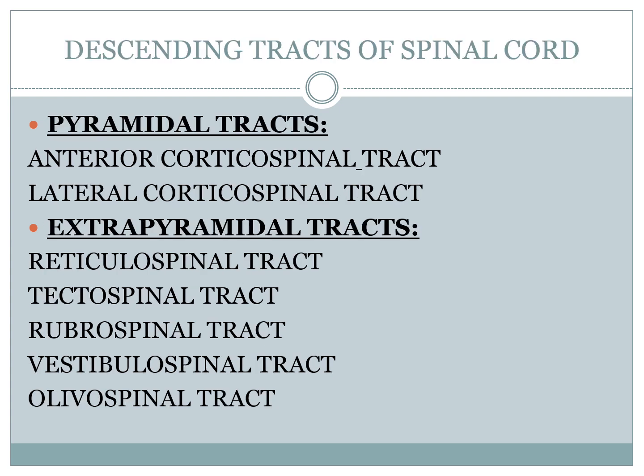There are some descending tracts, pyramidal tracts, which reach the conscious level. These are anterior corticospinal and lateral corticospinal, and some extrapyramidal tracts. We will discuss all these tracts in detail in a separate lecture.